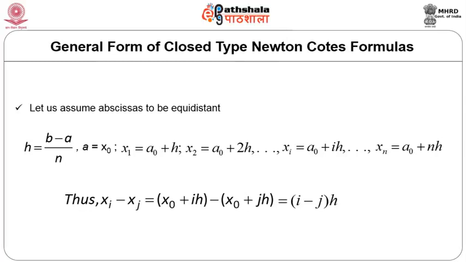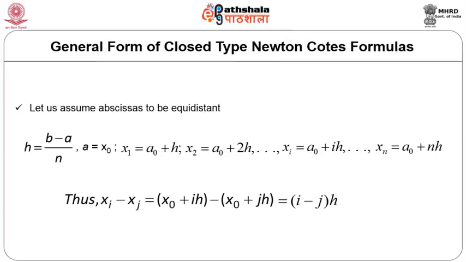Let us calculate the denominator first. The denominator is the product of xi minus xj. xi is a0 plus ih, xj is a0 plus jh. So xi minus xj is nothing but (i minus j) into h, since a0 cancels. So the denominator is a product of the terms (i minus j) into h, where j is different from i.